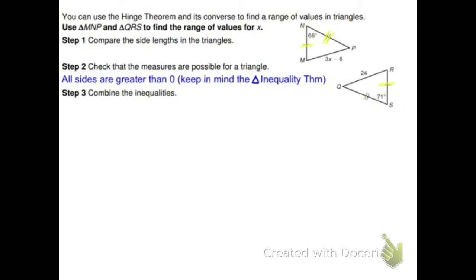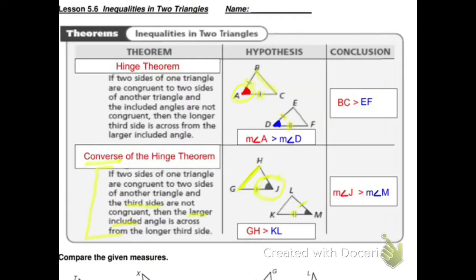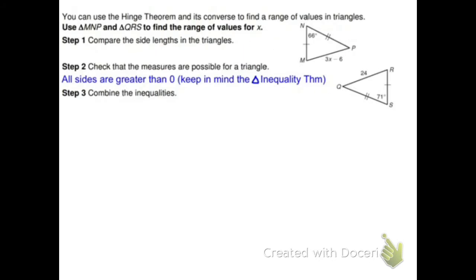And now I have to determine, am I solving for a side using the theorem, or am I solving for an angle using the converse? Well, notice the x is associated with the side length. Here's my x, it's with the side length, so I'll be using the theorem.